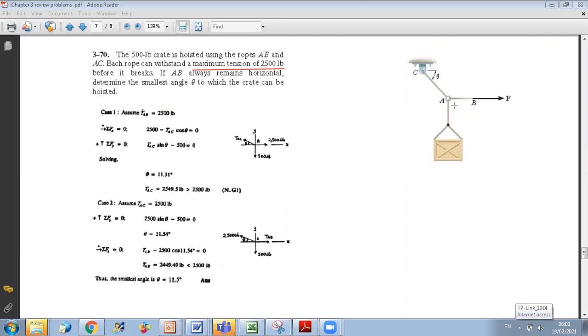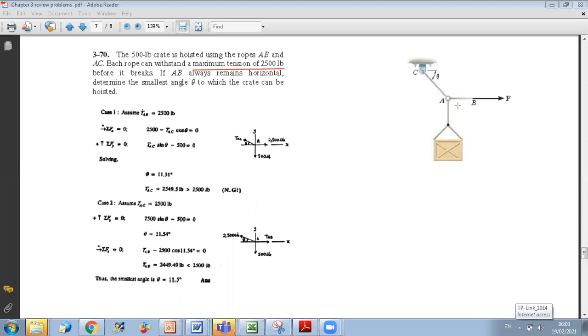But in case I have another scenario where it's not clear which force is the highest, I can just make an assumption. I say, let us suppose that AB is the maximum, for example, and I set AB equal to 2500. Now I find all other forces based on this assumption. In case all forces calculated are lower than AB, then my assumption is right and I continue my calculation.